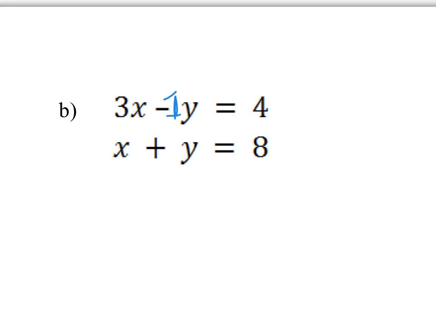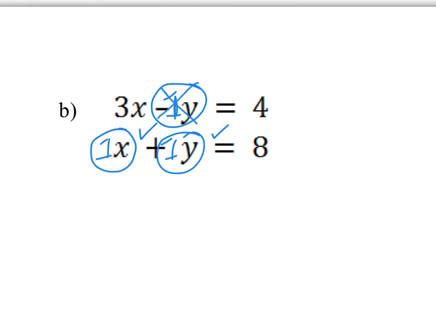Step number 1 tells you to isolate for a variable that has a 1 in the front, a positive 1. So if I look at this x in the second equation, that does have a positive 1. Same with this y in the second equation, that has a positive 1. Choose this x or this y to isolate for. Do not choose -1y. That's incorrect for step number 1.